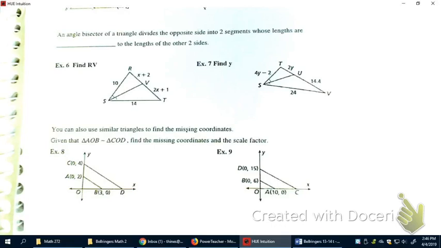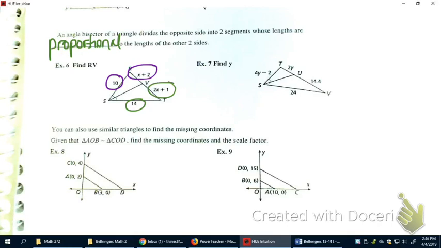But what this is telling us is if it is an angle bisector and not a perpendicular bisector, that the sides are proportional to the other two sides of the triangle. So again, proportional is our word here. That's our word when we talk about similarity. So what that's meaning is that the side of the triangle, they are proportional to these sides of the triangle, as long as it's an angle bisector.